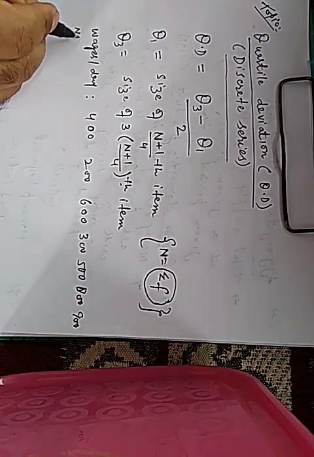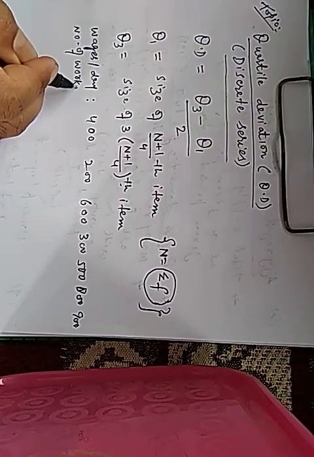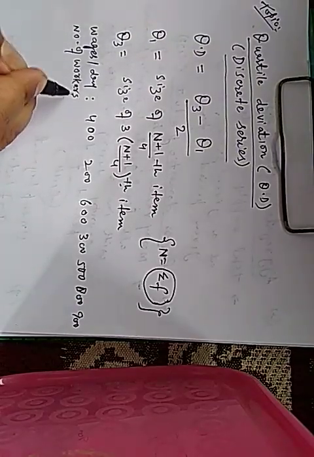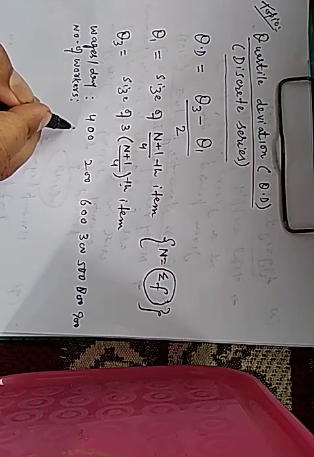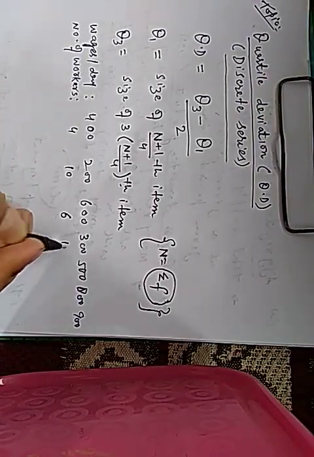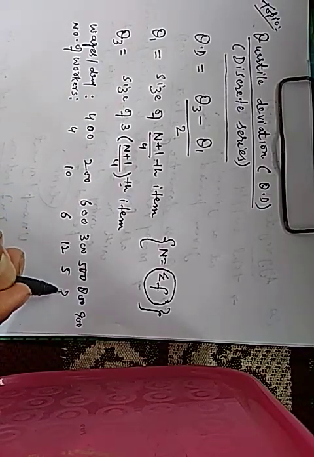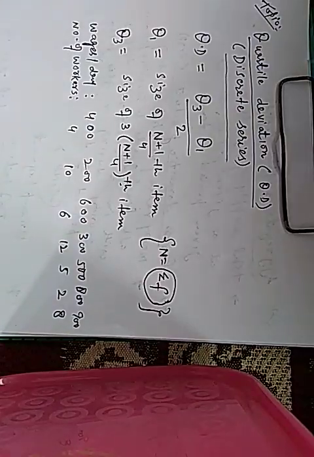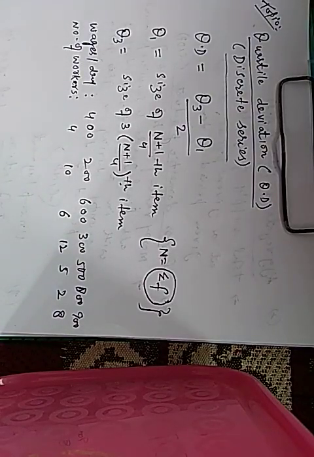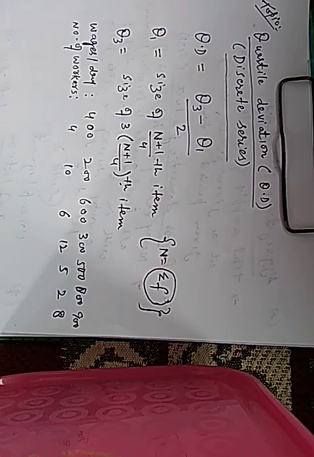And the number of workers are given as 4, 10, 6, 12, 5, 2, 8. From this data, you have to calculate the value of quartile division.